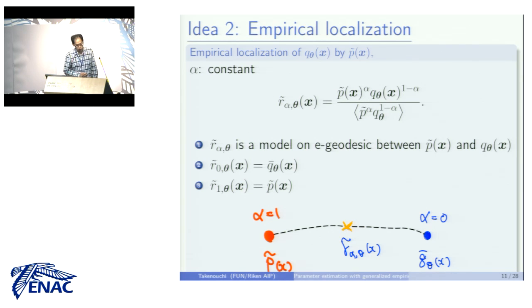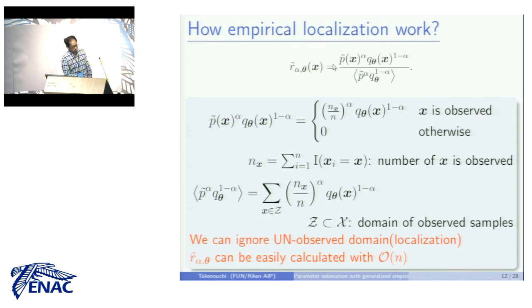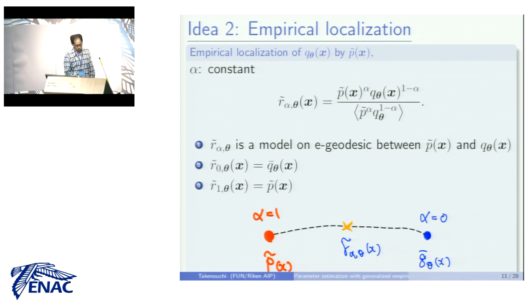So I introduce a second component of the method, empirical localization. Actually, the empirical localization of the unnormalized model Q by the empirical distribution P tilde is defined like this.